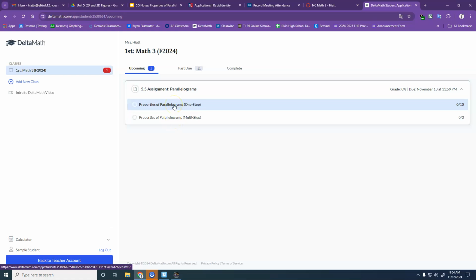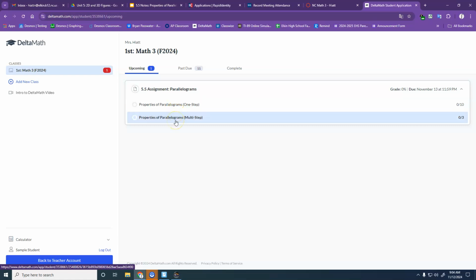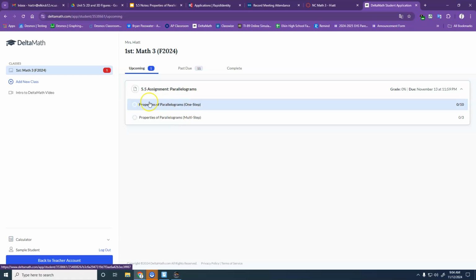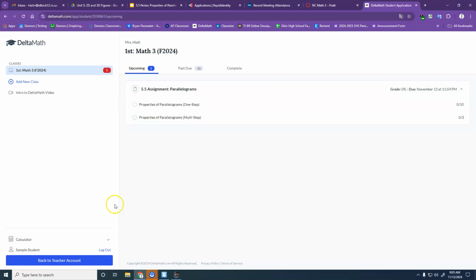You have to do 10 of the one-step problems and 3 of the multi-step. It's probably more of a 20-minute assignment than a 45-minute assignment. That needs to be done first because that's your homework for tonight.